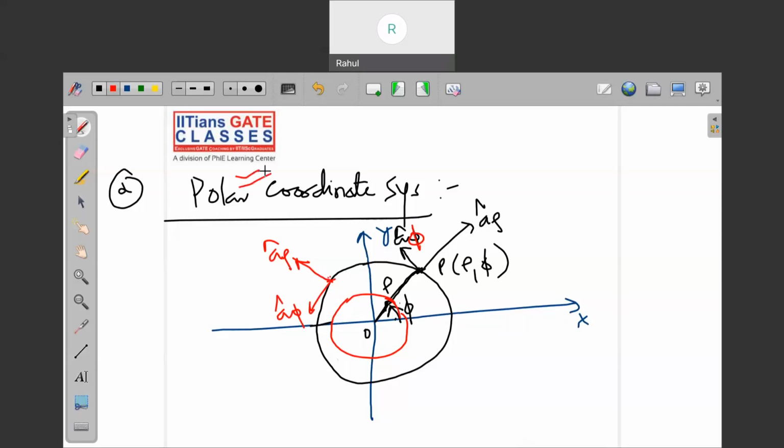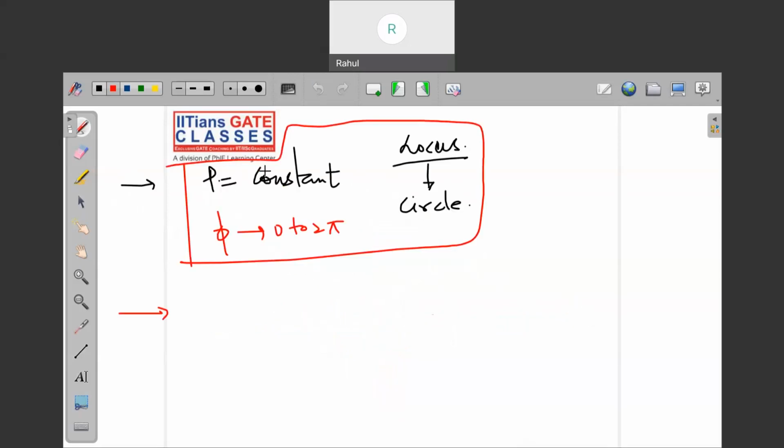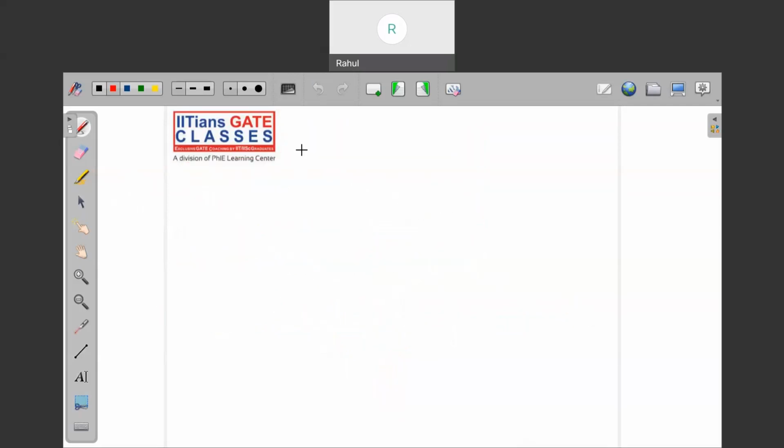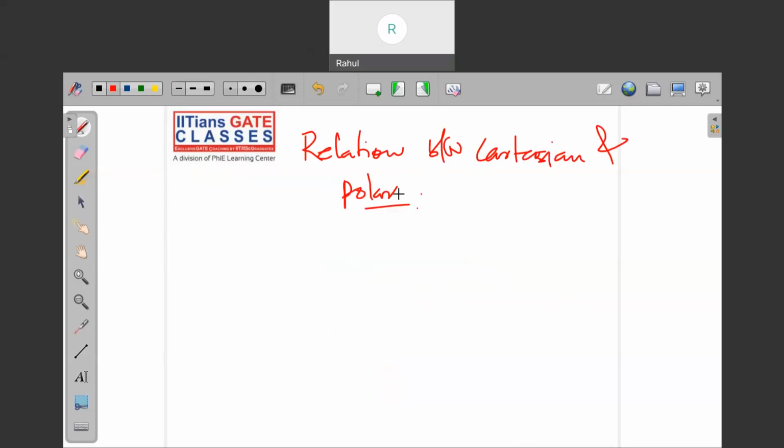So if I want to talk about the relation between Cartesian and polar, suppose x and y are given, and you have to find rho and phi. How can you find them?